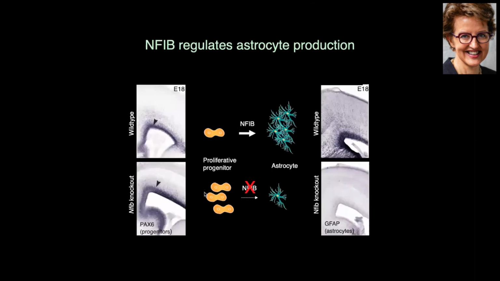And we know that these genes, as I mentioned before, are very important for glial differentiation. In fact, NF1B regulates GFAP expression. And so if we stain the NF1B knockout for GFAP, you can see this dramatic reduction here.